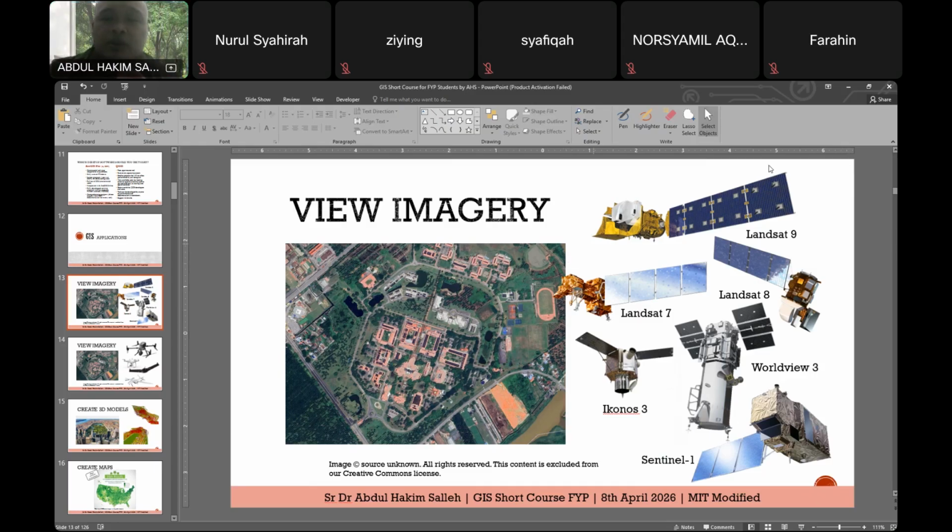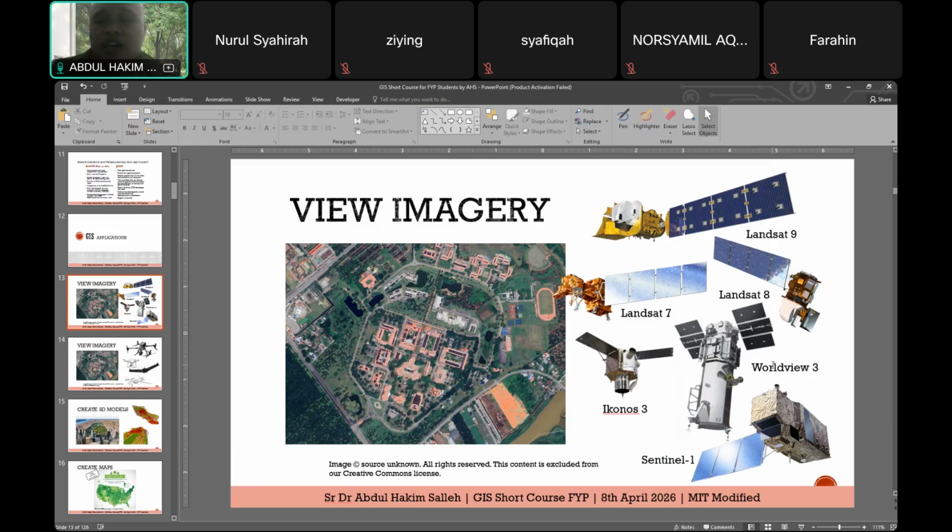Right. So some of the sensors that are provided for free are Landsat 9 here. Landsat series, as you can see, there are 1 until 9. Recently is the 9 series. It is getting much more powerful. It gives you high resolution data.